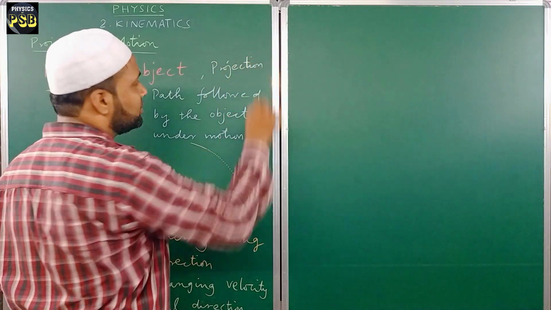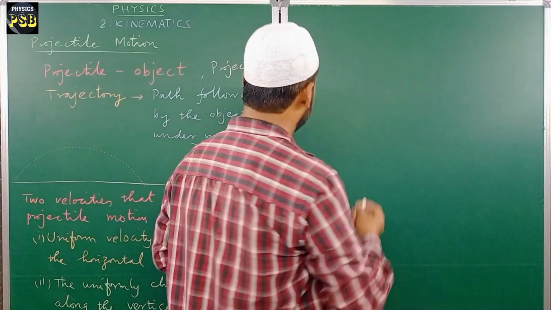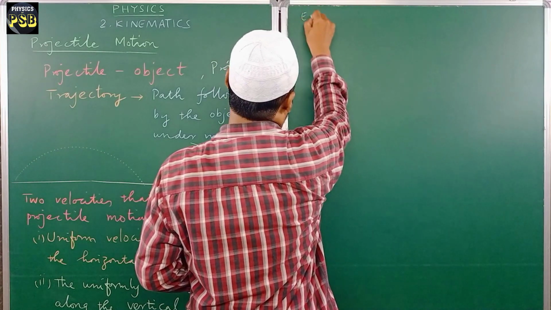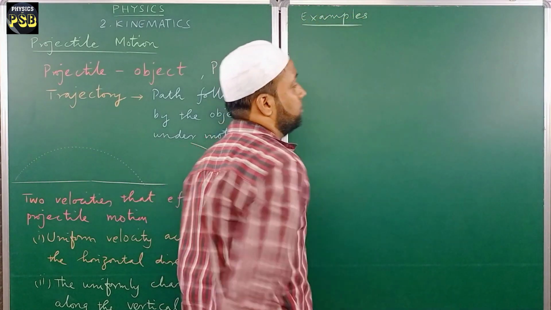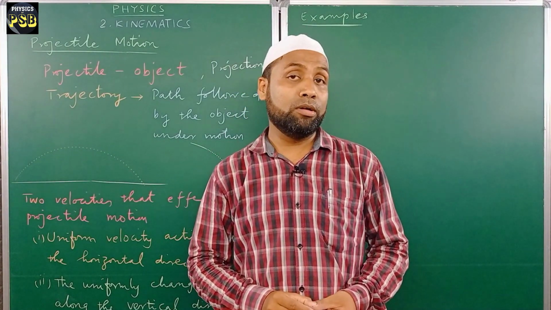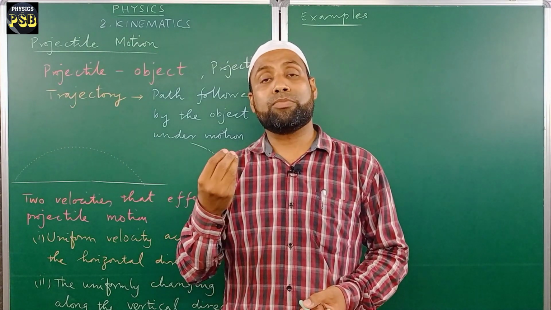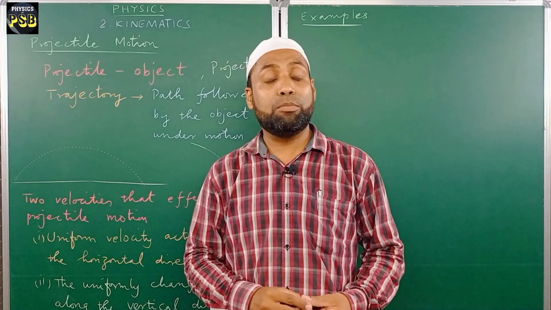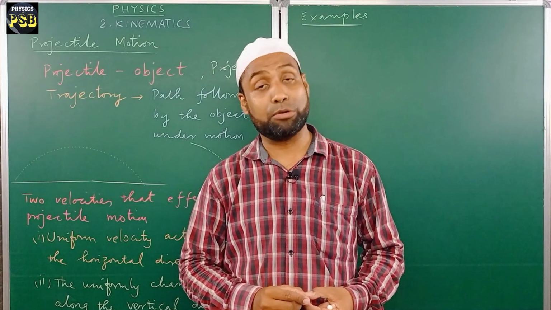Now I will provide some examples of projectile. An object thrown from a window is referred to as a projectile. Suppose a bullet is fired from a gun, then it is also referred to as a projectile.